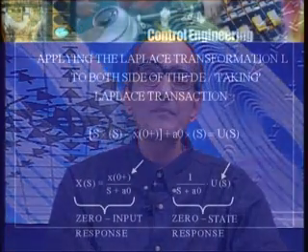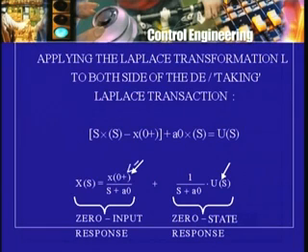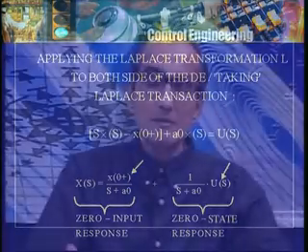Now as we see here, the response is already in two parts, or rather the response is a sum of two parts. Physically, of course, these two parts are not separate. You start the system in some non-zero initial condition and thereafter apply an input and you get the total response. It does not come in two parts separately. So what you can observe is only x of t, but in theory, or when we do the analysis of it, x of t consists of two parts.